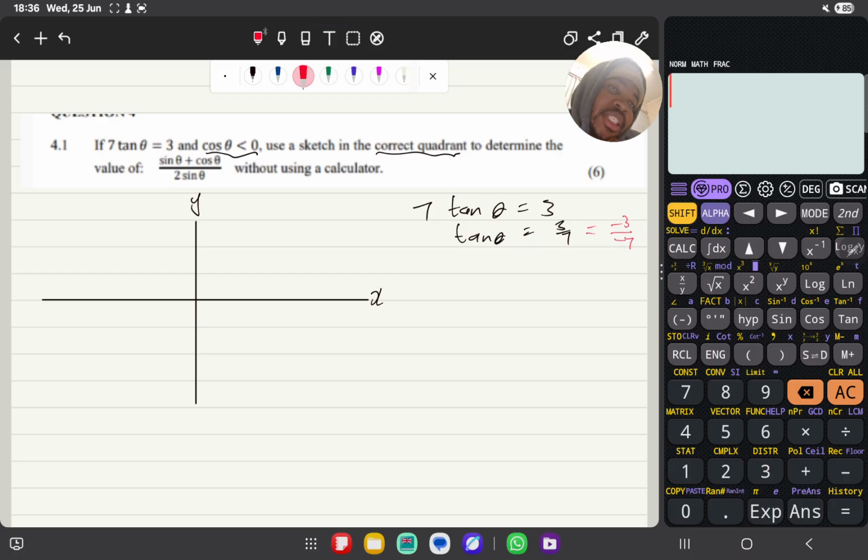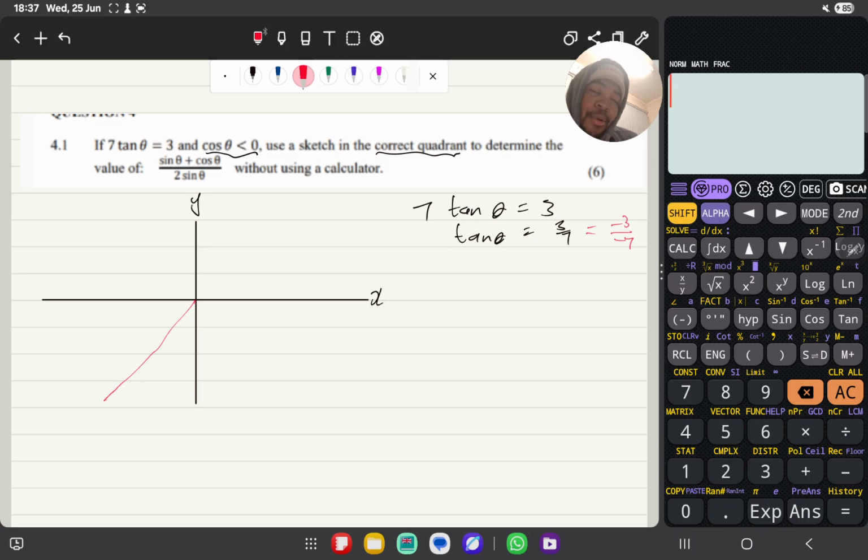Now I want to say something. For some people, it will be confusing to see which one is x and which one is y between -3 and -7. Especially for this problem, where the angle is on the third quadrant, it becomes really confusing.